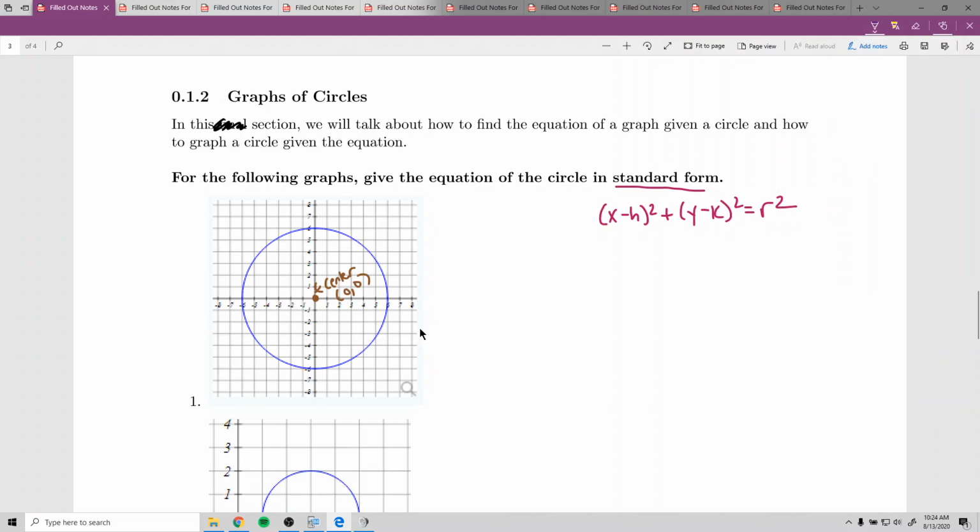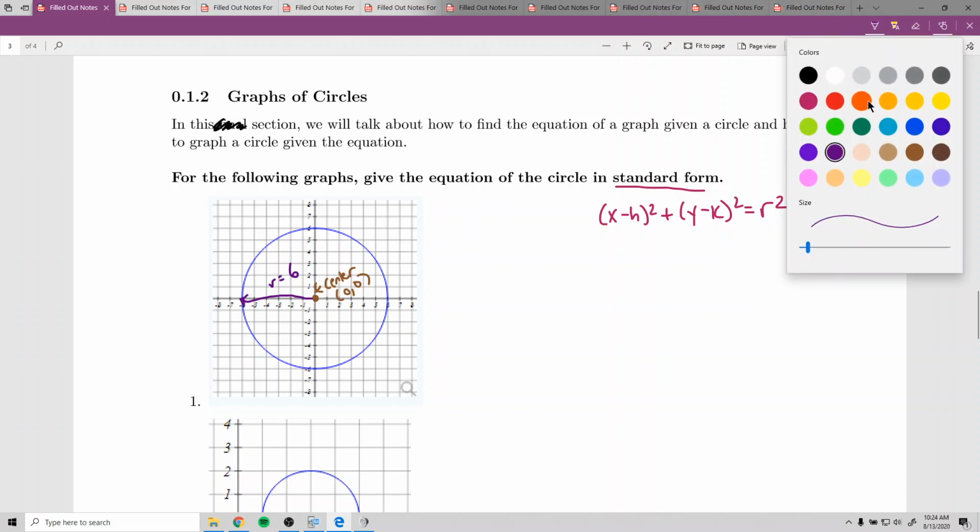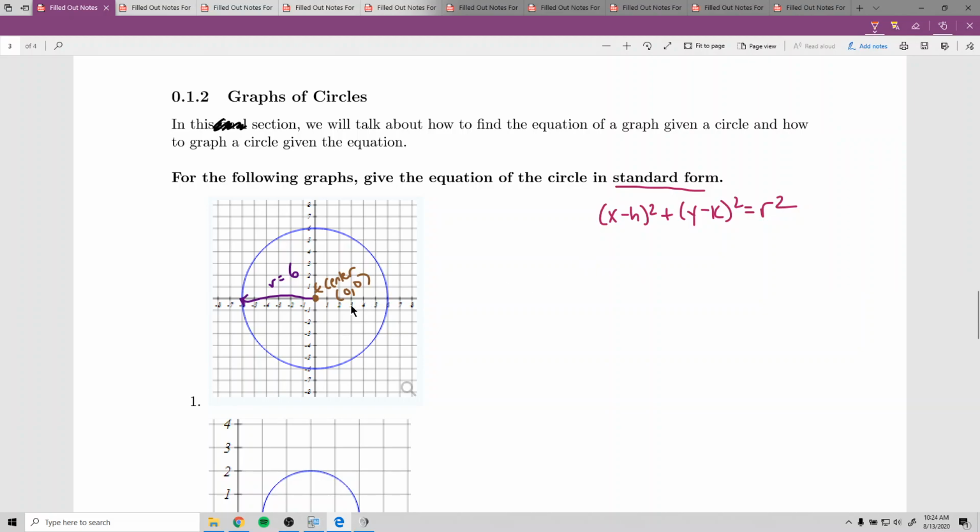And then the radius is the distance from the center to any point, but you want to go straight up or down, left or right, to see that the radius should be 6. We're going from 0 to -6, so we're moving 6. Once we realize that, all we have to do is plug it in.